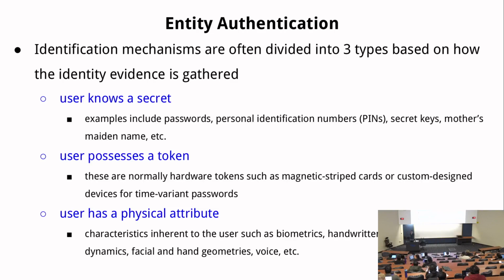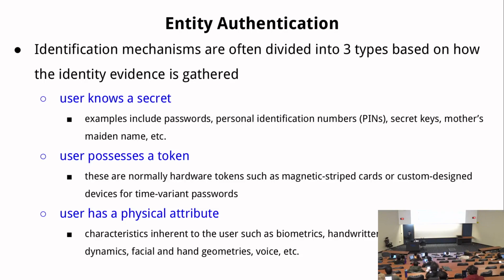The first one is based on a shared secret. The user knows a secret, like a password, a PIN, a secret key, and other information. This is a secret you share with the other party. The other party believes that only you know the secret and uses it to authenticate you.